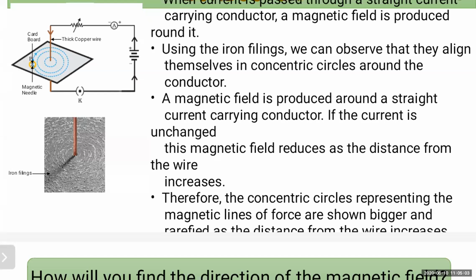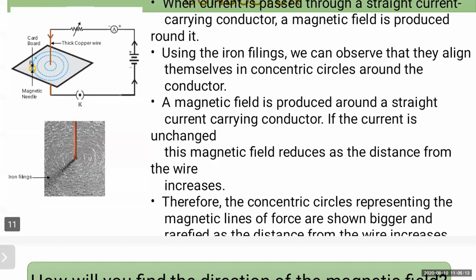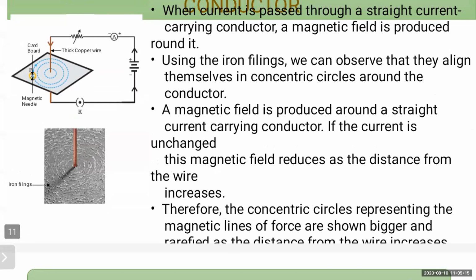Here the current carrying conductor is in a straight line. The wire is in a straight line portion. The current carrying conductor is in a straight position. The magnetic lines of force show concentric circles, which align themselves around the conductor.